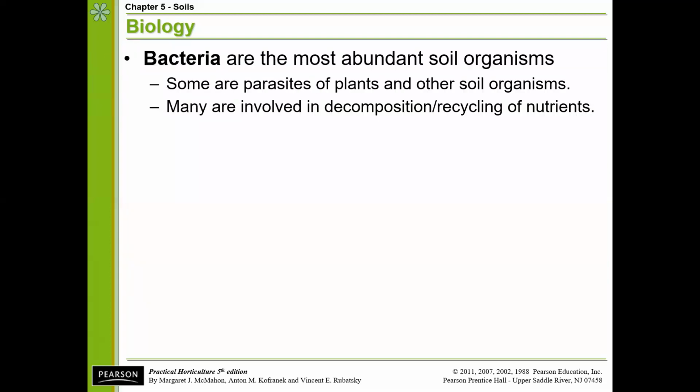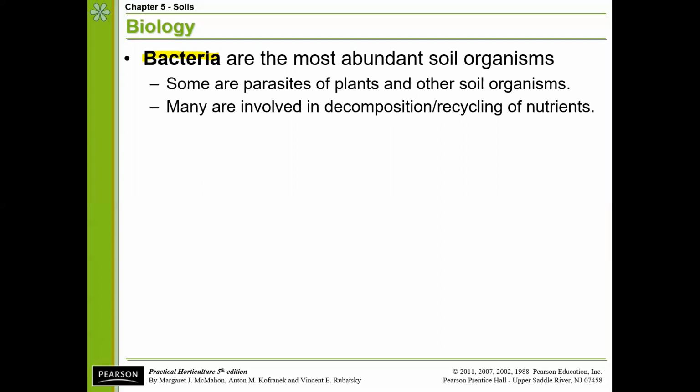So first, we've got bacteria, which are the most abundant soil organism. They say that there can be up to 1 billion microorganisms in 1 teaspoon of healthy soil, and probably like 90% of those would be bacteria. Mostly unicellular organisms that are both good and bad.